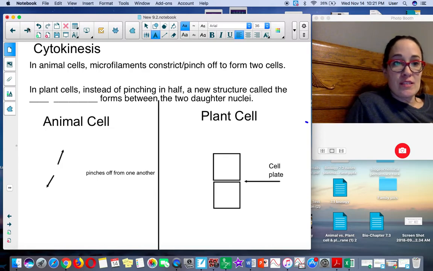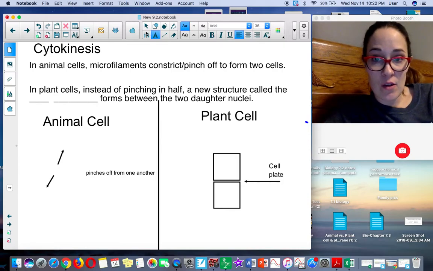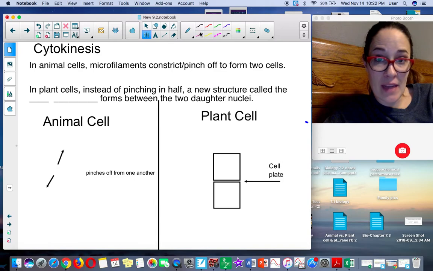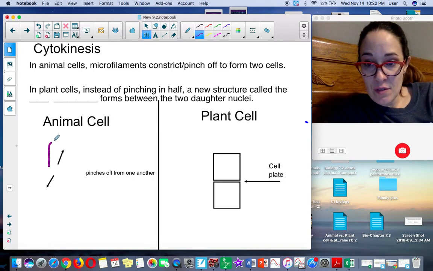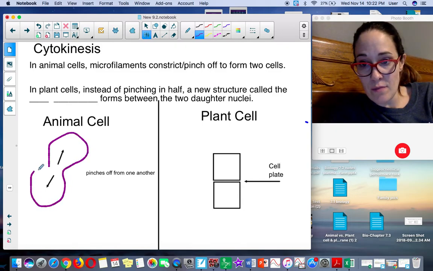Cytokinesis looks different in animal cells and plant cells. What I just showed you there was essentially an animal cell. So here is one animal cell and here is another one. We have our nuclear membrane.